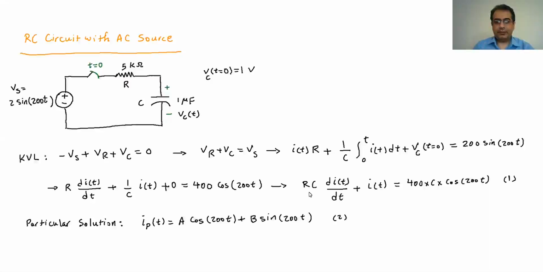By doing that, we will find A and B. So we put i_p into this equation, substitute it there, and solve it from there.